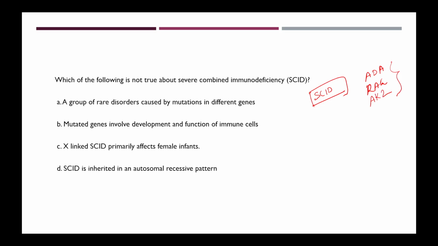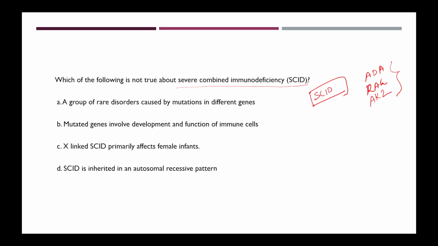These are different genes, but all are associated with severe combined immunodeficiency, which is a group of rare disorders. They are grouped together and referred to as severe combined immunodeficiency.